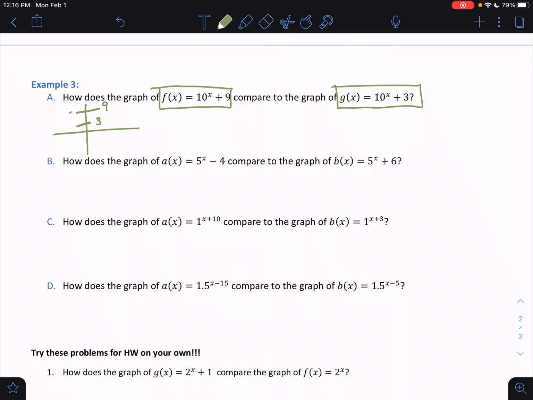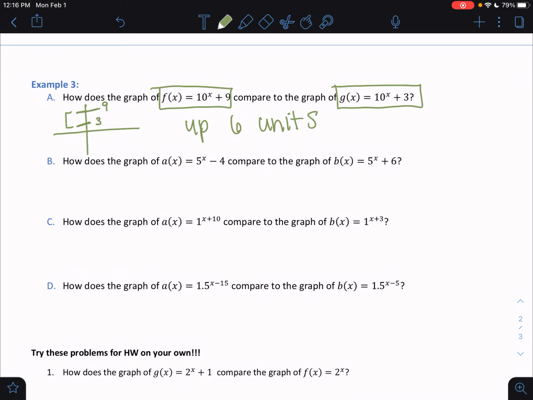So what is the difference between these two? We went up 6 units, right? Or if you're looking at this one as your first one and this one as your second one, we went down 6 units, but the difference is 6 units.